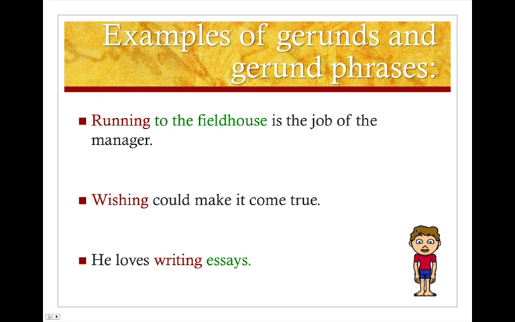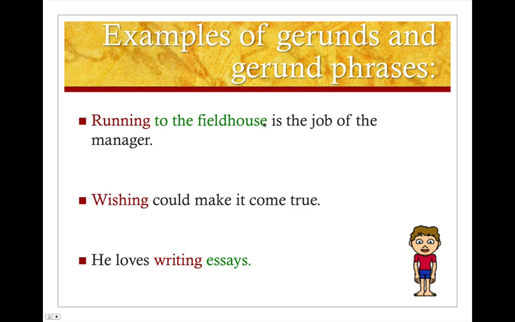Here are some examples of gerunds and gerund phrases. In the first sentence, you'll notice that one word is in red. There are some other words in green. Why is that? Well, the gerund is in red, running.